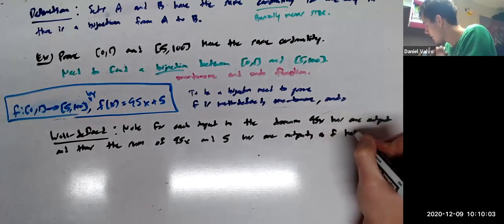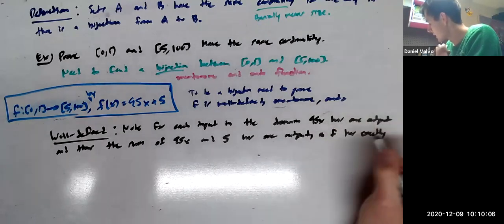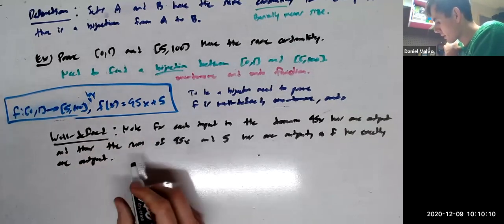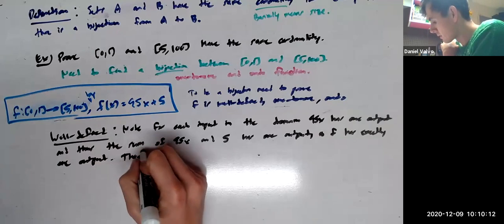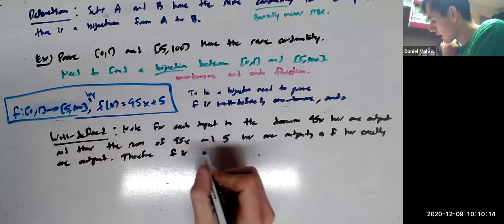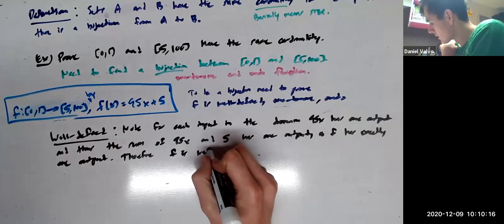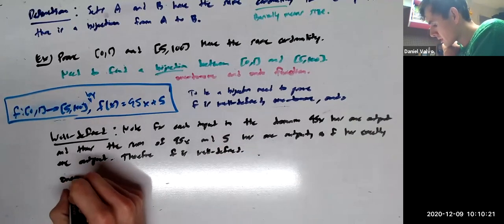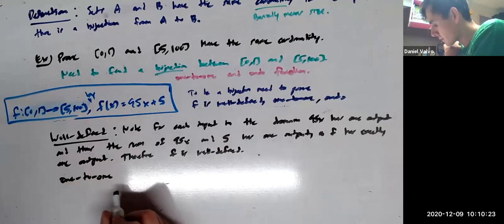So for each input, f has exactly one output. Therefore, f is well-defined.